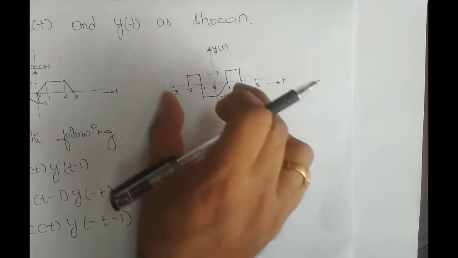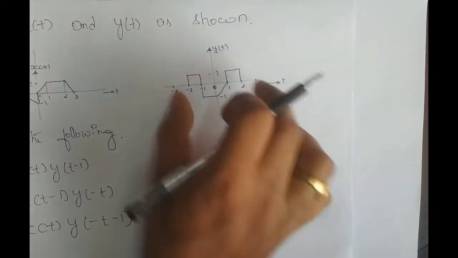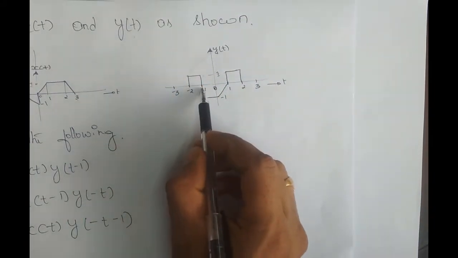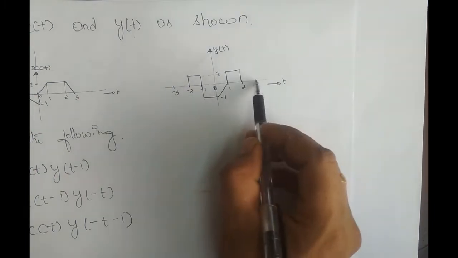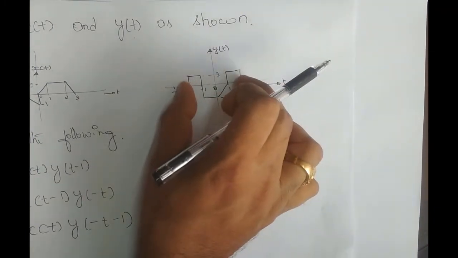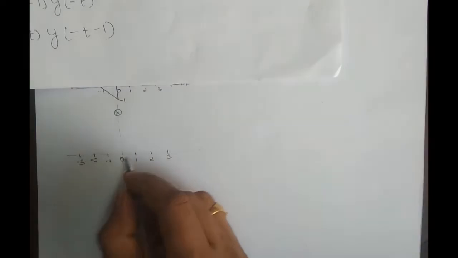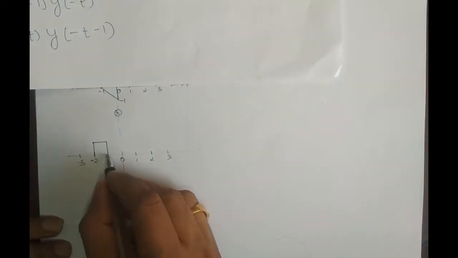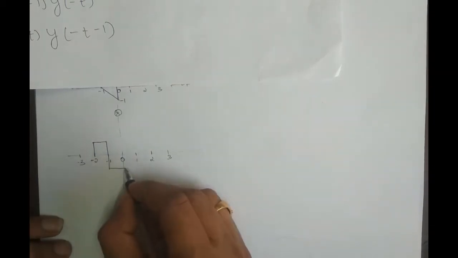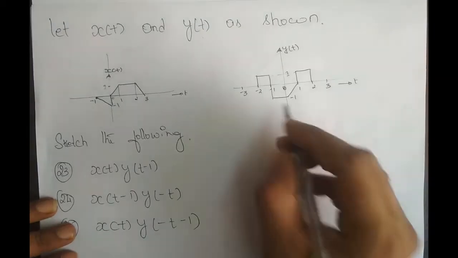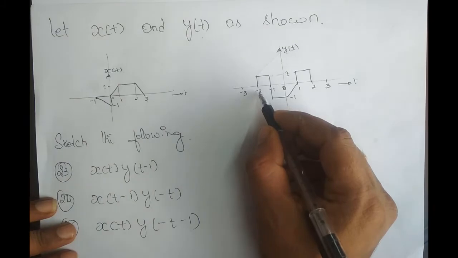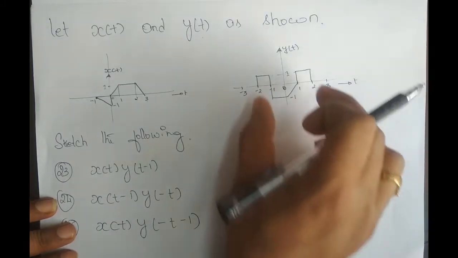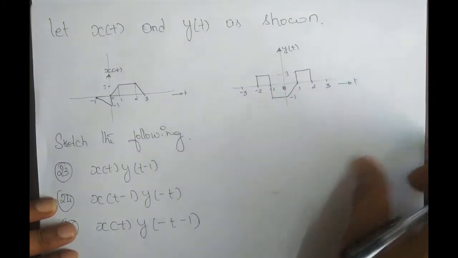So this entire signal is shifted right one time. So this pattern starts from minus 2 and goes up till 3. The same pattern is shifted right one time, correct? No, it has to start from minus 1, right? Because it is shifted right one time.